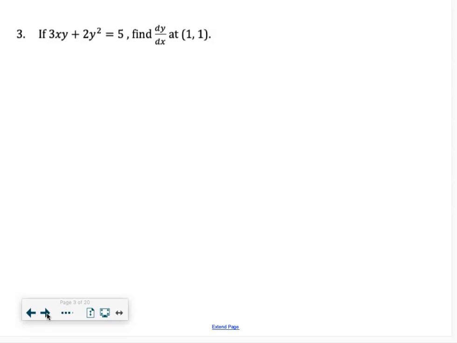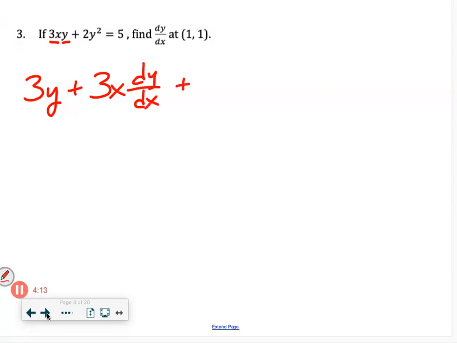Next one, implicit with product rule. Think of this as 3x times y. What's the derivative of 3x? 3 times y plus 3x. What's the derivative of y? dy dx. What's the derivative of 2y squared? 4y dy dx.